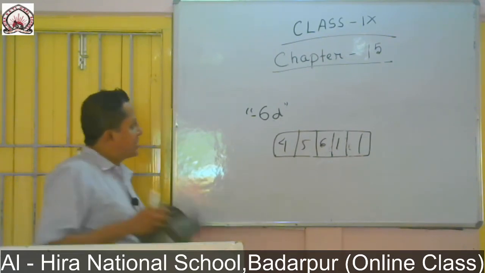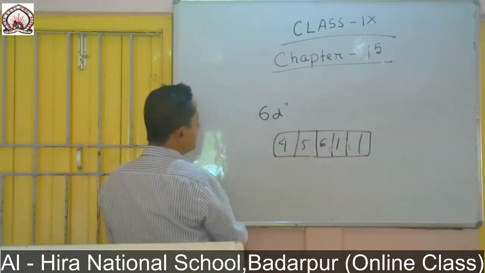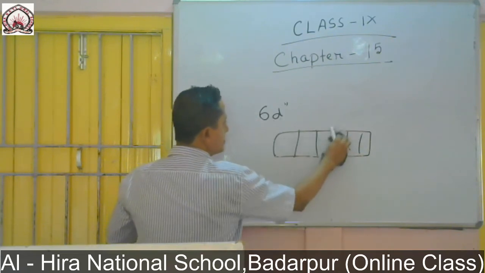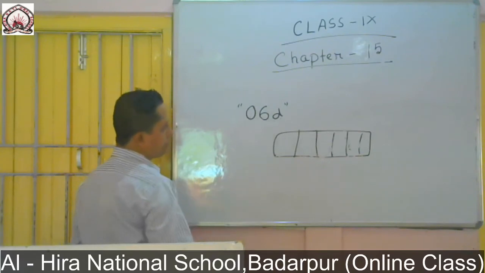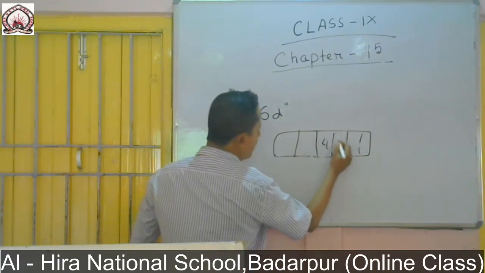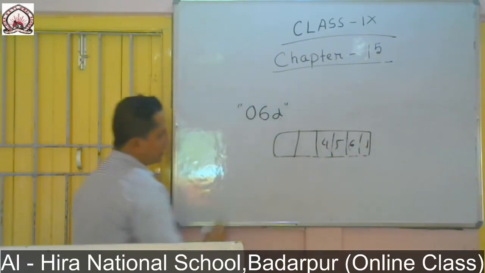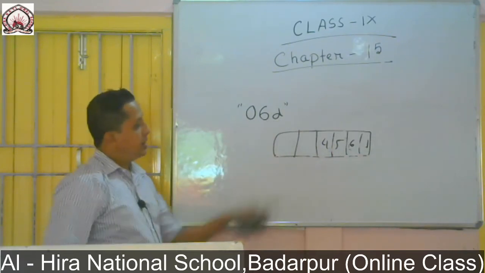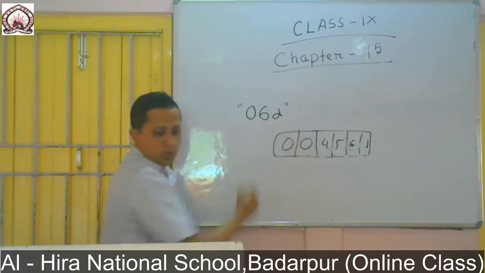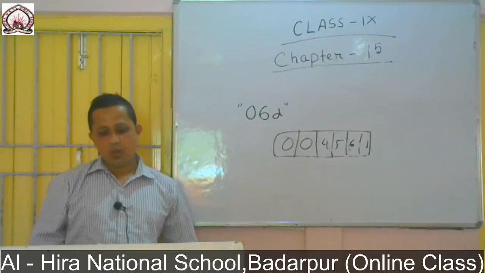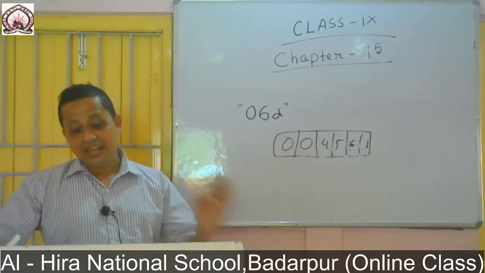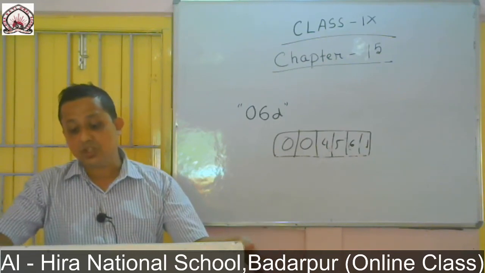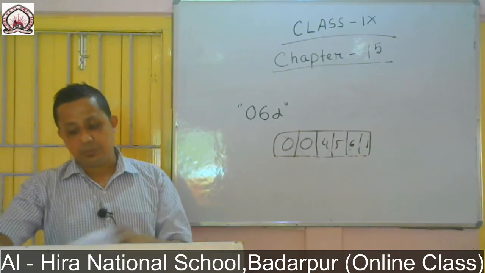Now if you have "%06d" and my value is 4561, zeros will come before it. Why? Because the leading blank spaces are replaced with zeros by placing a zero before the field width specifier.